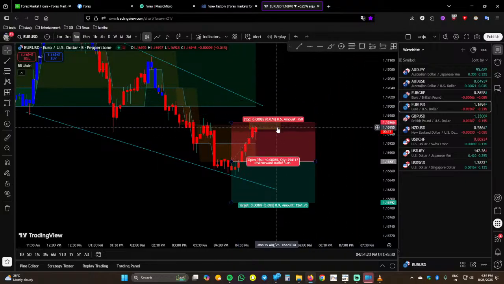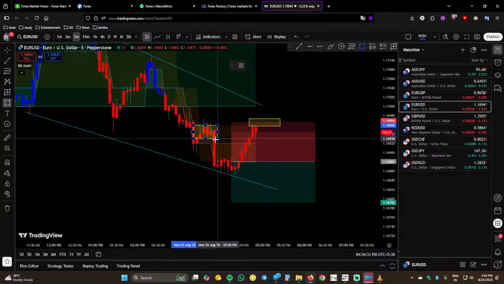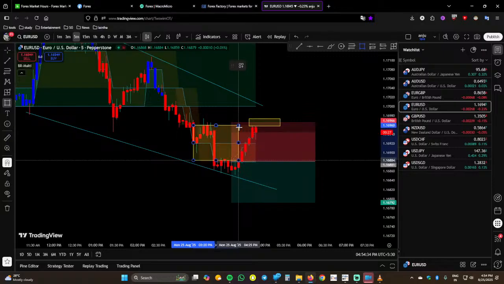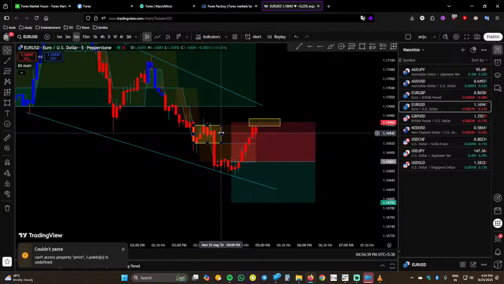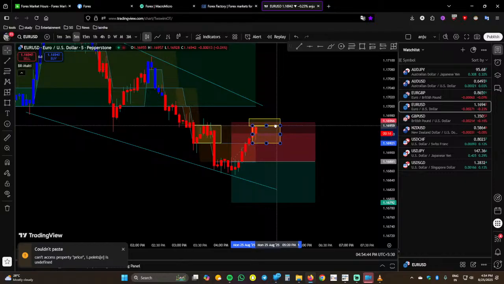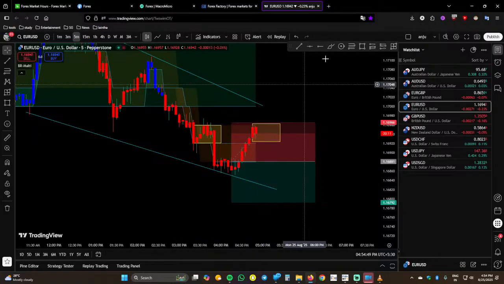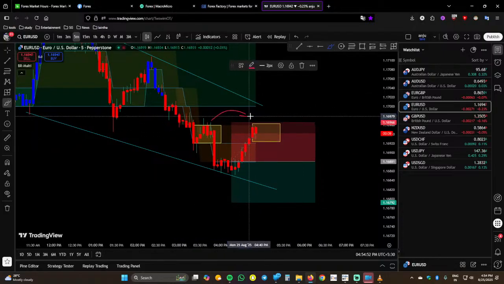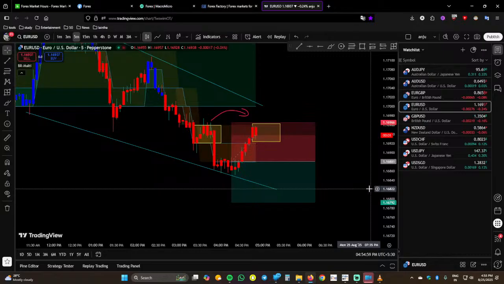If we don't hold that level, we'll be making this Renko box over here. If that happens, this Renko box replicating here, then this trade is invalid and the Renko has changed direction.